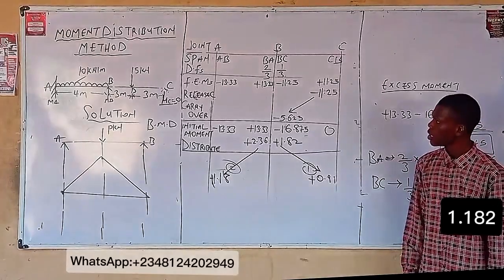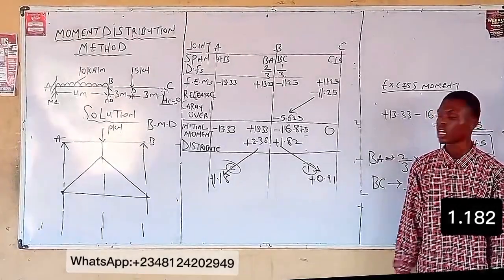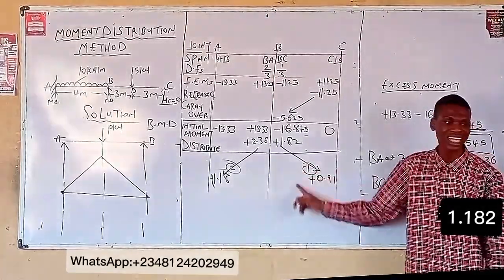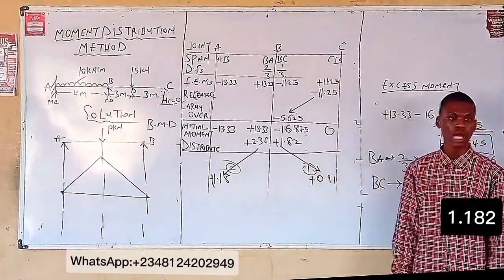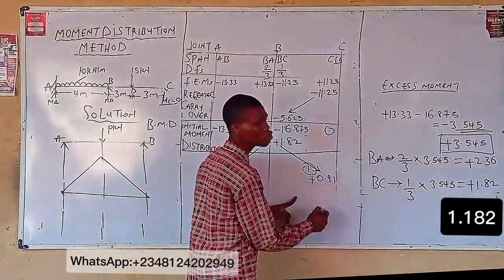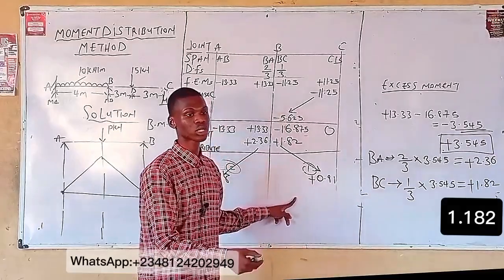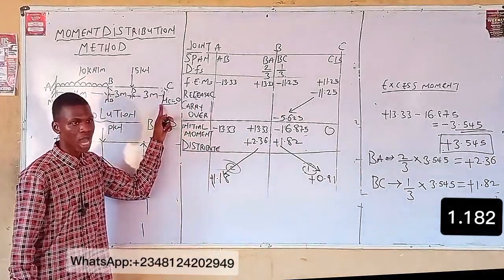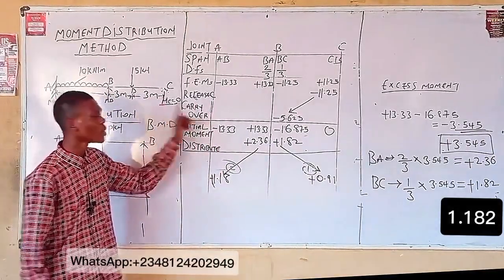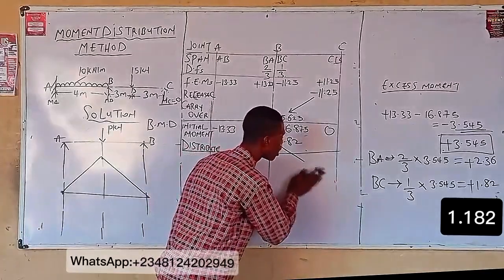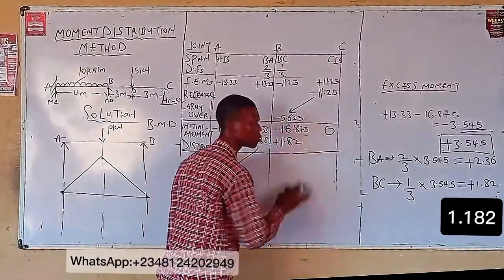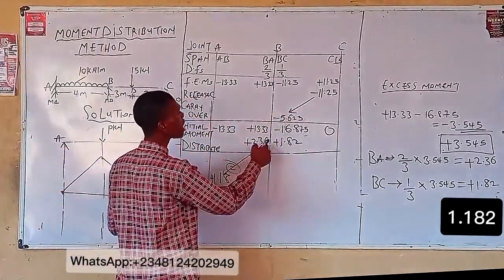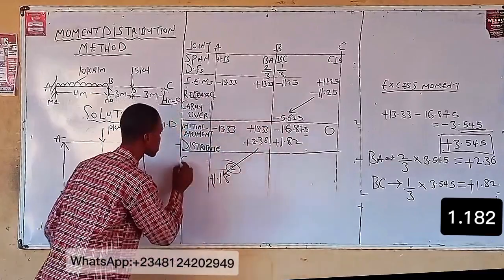Otherwise you'll be having 0 point something, which you can still approximate as 1, which is wrong. The value of the moment must be 0 and not 1 or 0 point anything. So you are not carrying over here. If you are carrying over, you are only carrying over at span AB.